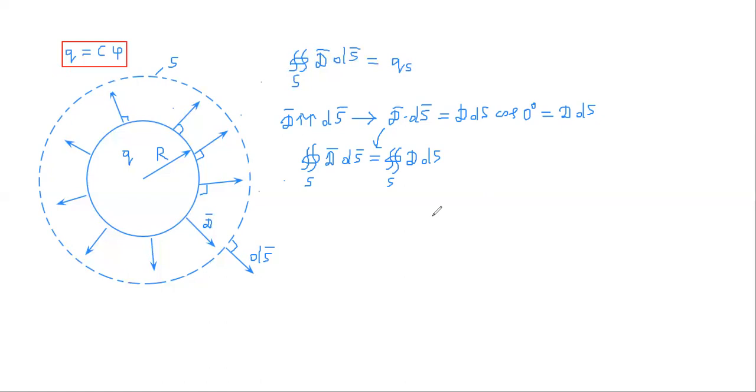I have said that we have symmetry. We have a center of symmetry in our system, and the electrostatic field has the same symmetry, and the surface S has the same symmetry. It means that the modulus of the vector D is the same for each element dS.